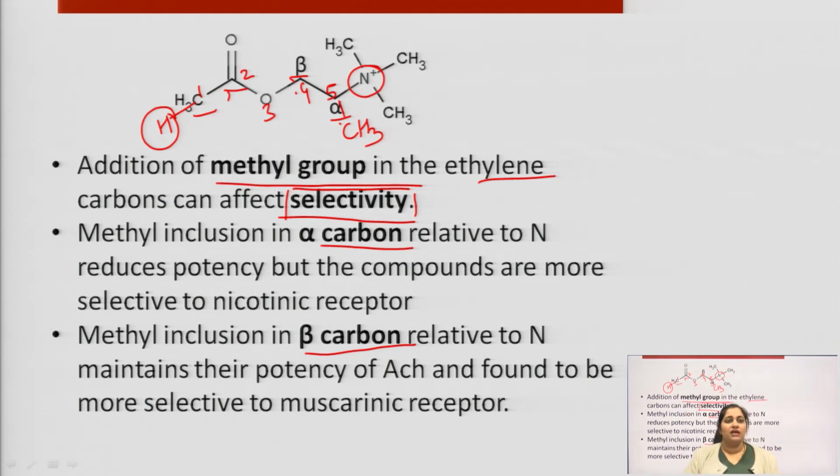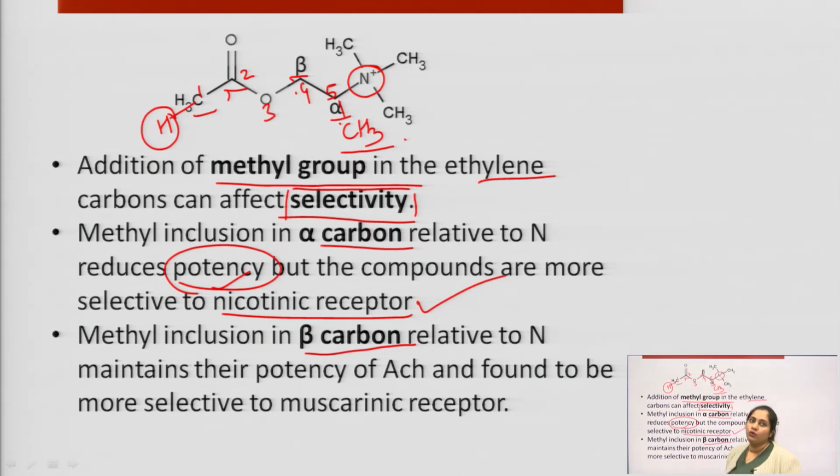Suppose we include a methyl group at the alpha position with respect to the nitrogen, that will reduce the potency, but though the potency is reduced, these compounds are still selective to the nicotinic receptor.